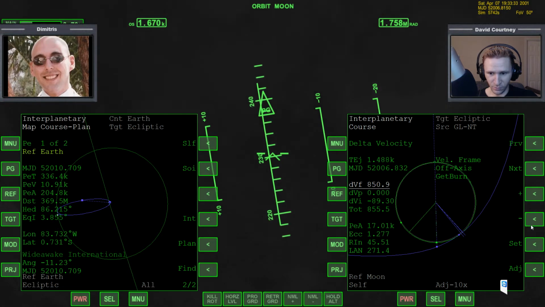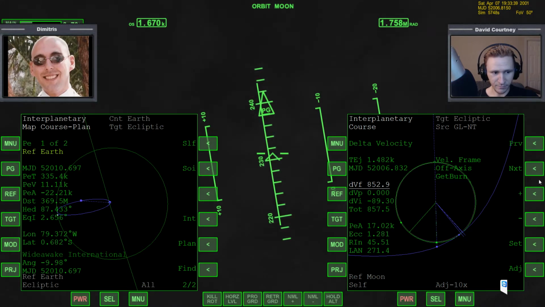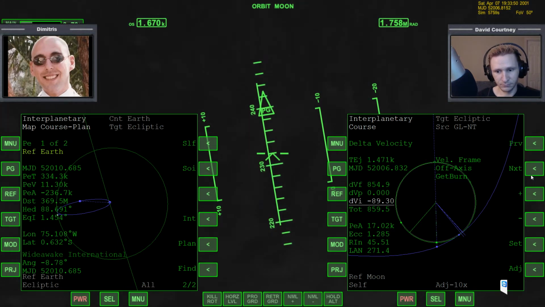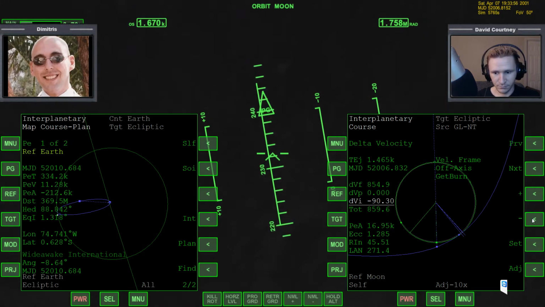Let's kind of hold it there. Okay, you can hold there because now when you change the inward again, it will change. And remember that this goal that we have set for ourselves doesn't have to be absolute. It doesn't matter if we get to 65 west longitude. We're just going to be slightly further away from the base, only by about 5 degrees.